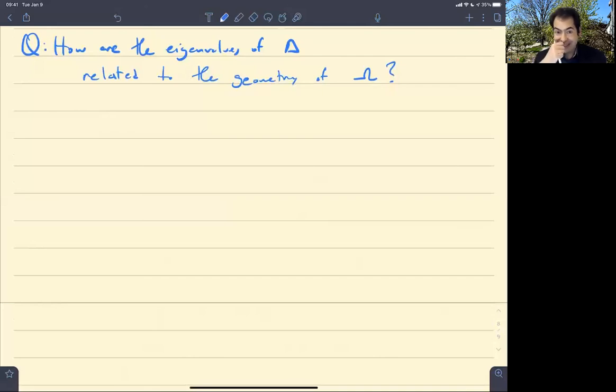He conjectured that if you have any domain like omega, then the specific eigenvalues will depend on omega. But how quickly they go to minus infinity, he conjectured, doesn't depend on omega. It should only depend on the area of omega, right?